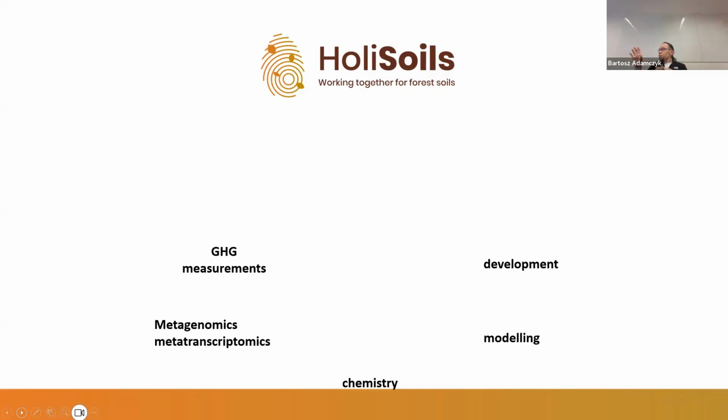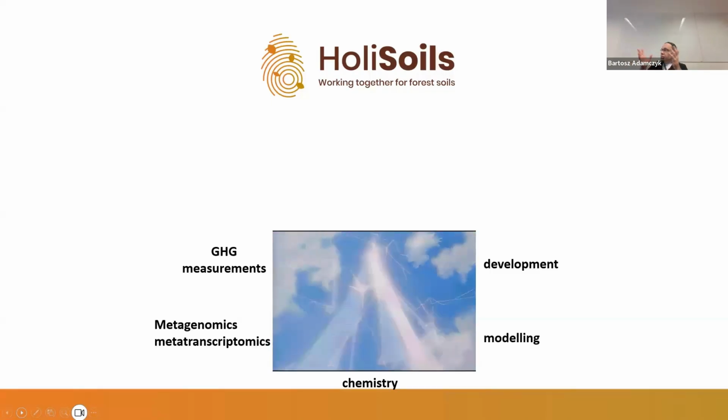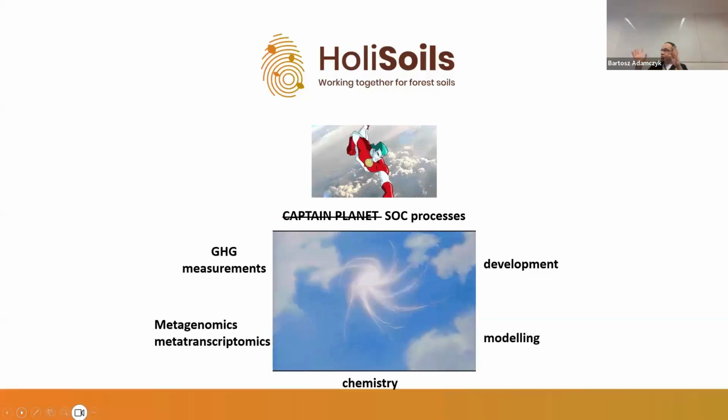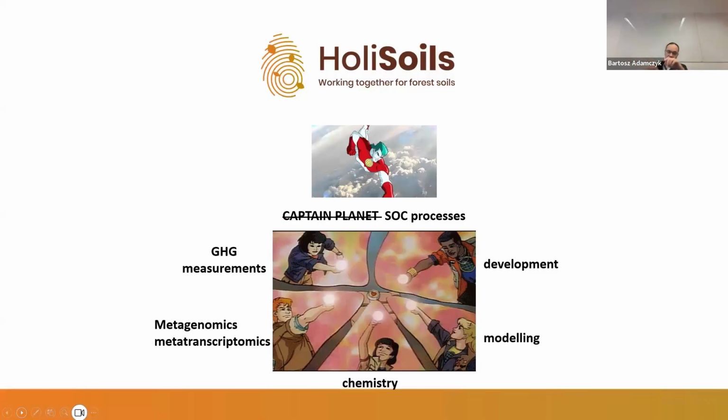So I would really recommend to combine in your studies greenhouse gases measurements, metagenomics, metatranscriptomics, chemistry, and modeling, and all the time development. And by combination of these powers, you can build up, Captain Planet, I mean organic matter processes understanding.